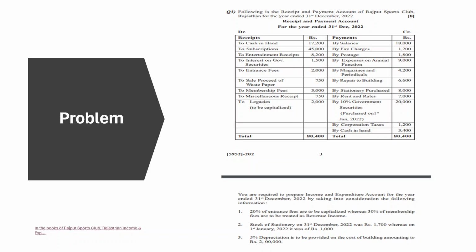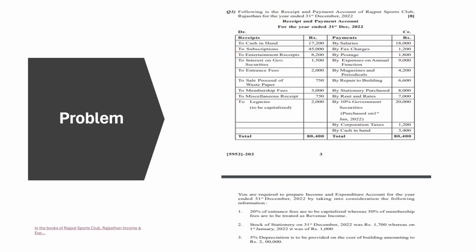It will affect the item given under the payment side of the receipt and payment account, which is by stationery purchase. So mark on that. We will show the effect of this adjustment while preparing the income and expenditure account. Okay, and the last adjustment is: 5% depreciation is to be provided on the cost of building amounting to rupees 2 lakhs.